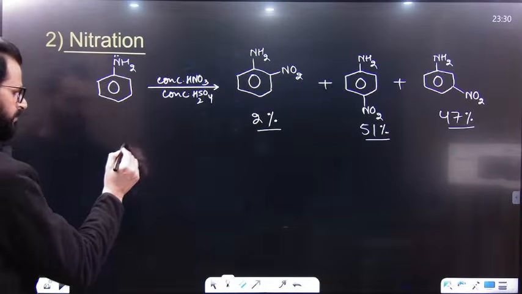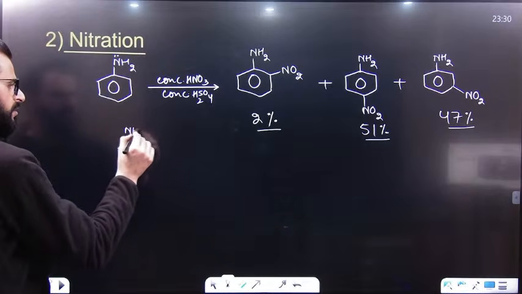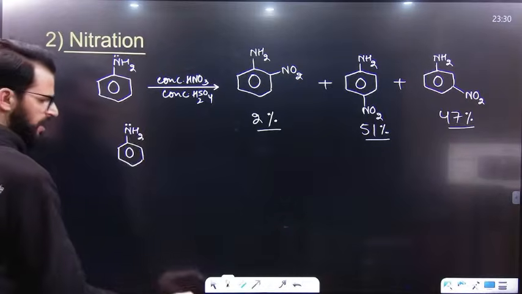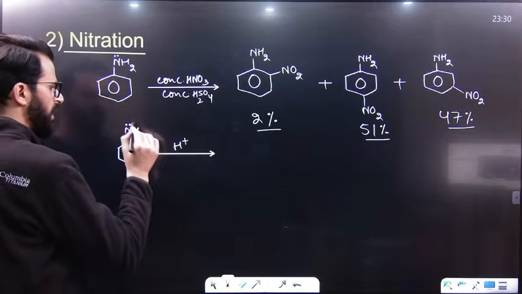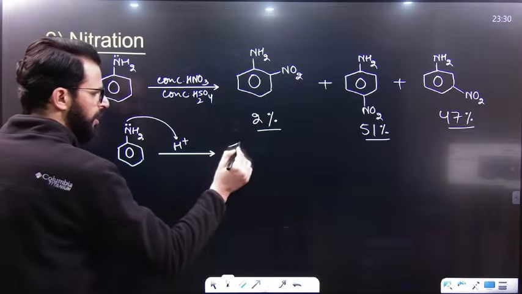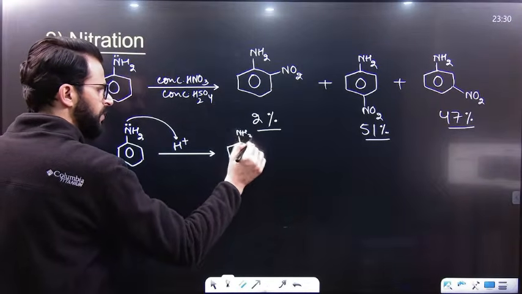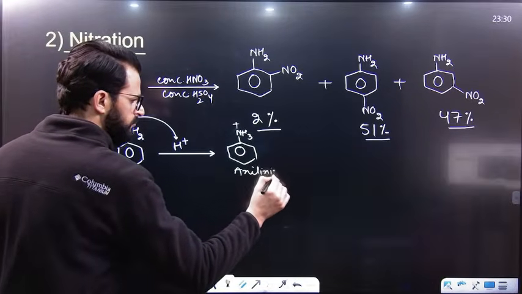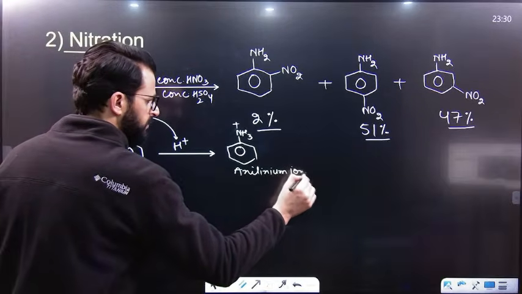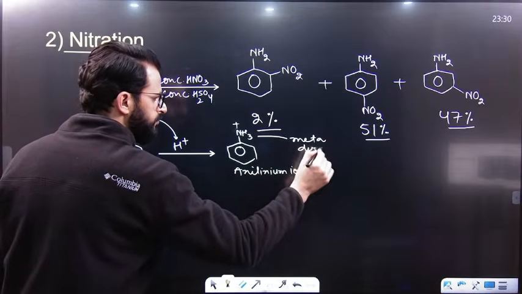Why? Because whenever we have aniline in acidic medium, it will abstract H positive and result in the formation of NH3 positive. This is known as the anilinium ion. And remember, it is a meta directing group.